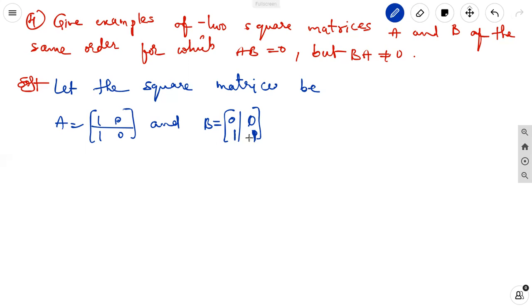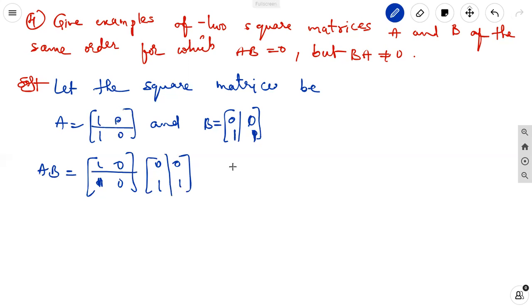Okay, it is possible. If we take the AB product, A is [1 0; 1 0] and B is [0 0; 1 1]. The product of these two matrices is 0 plus 0, 0 plus 0, 0 plus 0, 0 plus 0, which is equal to 0.